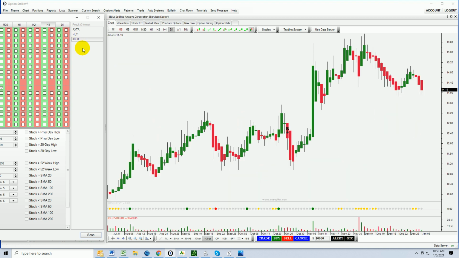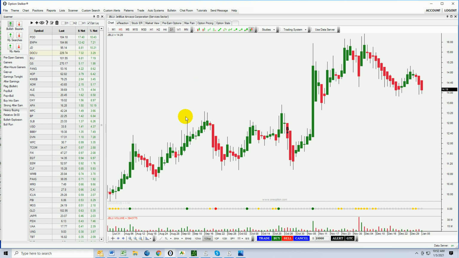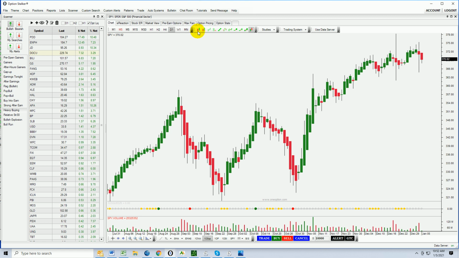JetBlue. Yesterday we had a big market sell-off, so you're not going to see a lot of flat bottom consecutive green candles because we had a 100-point reversal in the S&P 500 yesterday. So let's take a look at that real quick too, and then you'll be able to see what I mean.